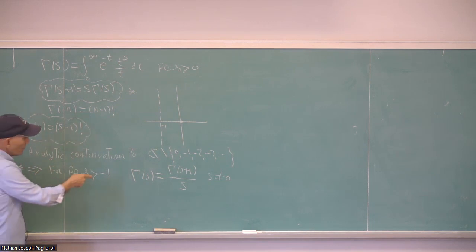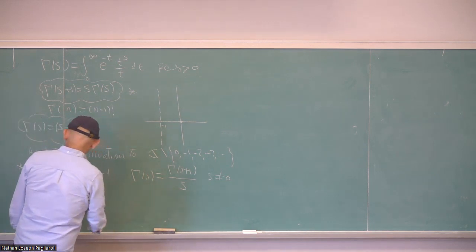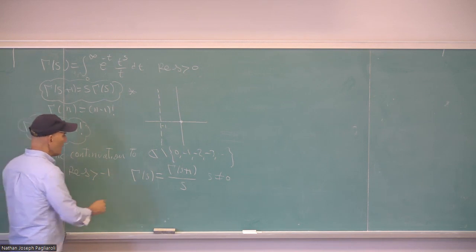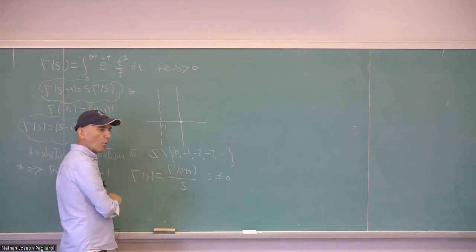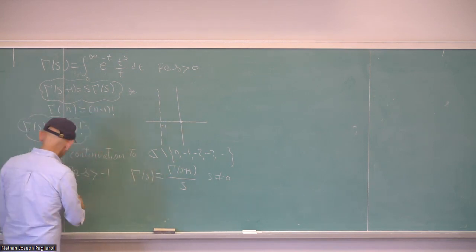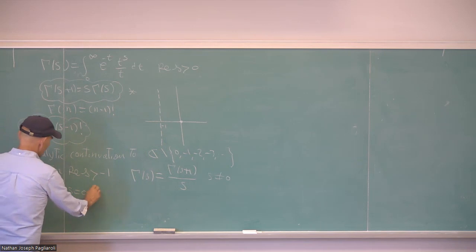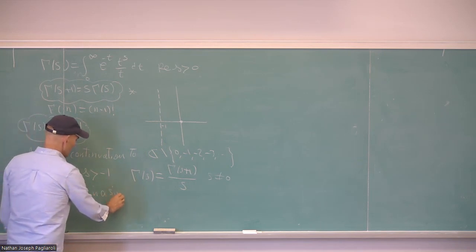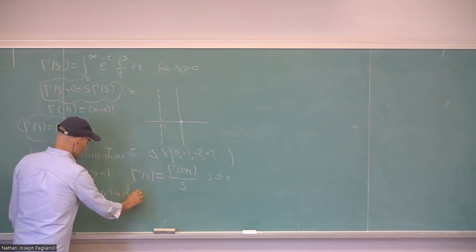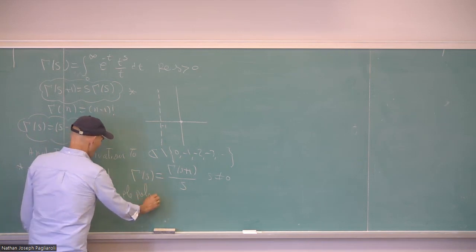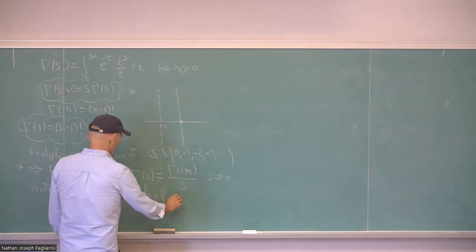Now 0, we know what's going on at 0. So what is the situation at 0? In fact, 0 is a simple pole for gamma. So I just write it, note, s equal to 0 is a simple pole of gamma.